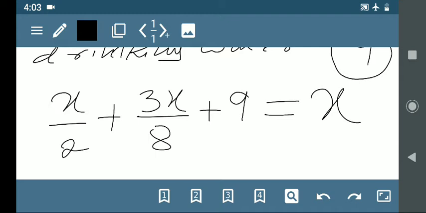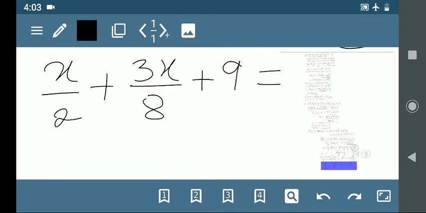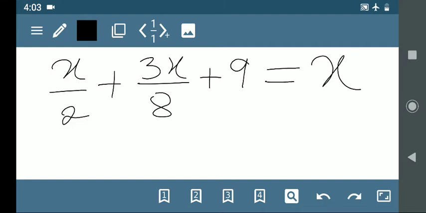So now let us add all this. What is the LCM of 2, 4 and 8? We have to add x by 2 plus 3x by 8 plus 9, so we have to take a common LCM. 8 is the LCM.